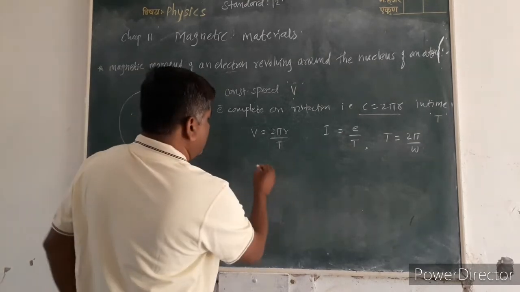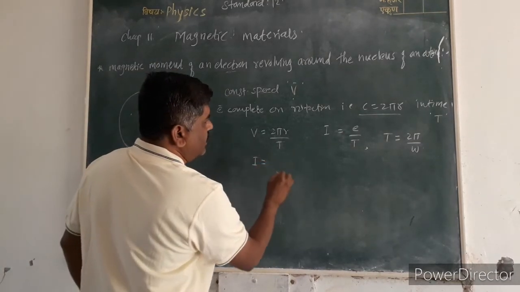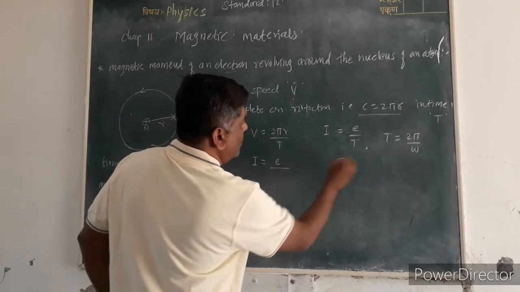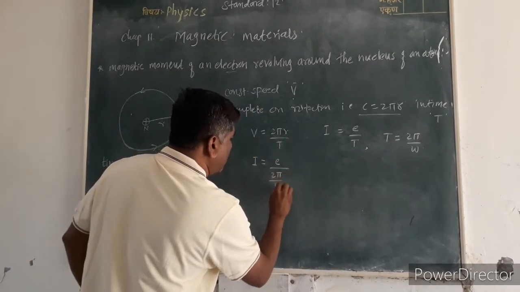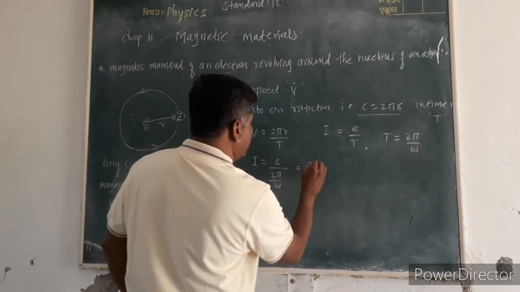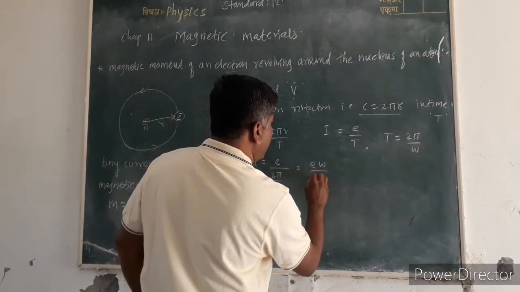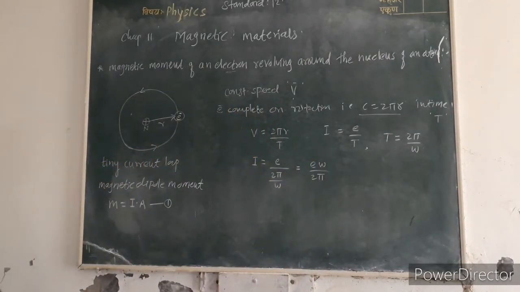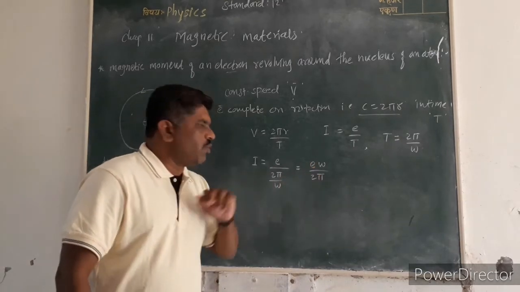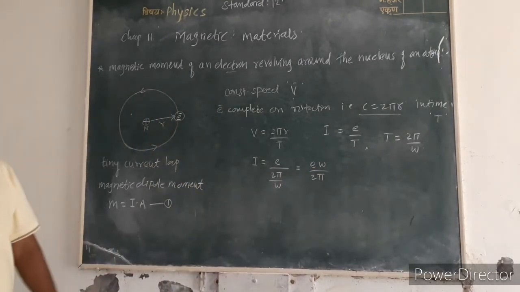Therefore, I is equal to e upon 2 pi upon omega, which is equal to e omega upon 2 pi. This gives the current in the tiny loop.